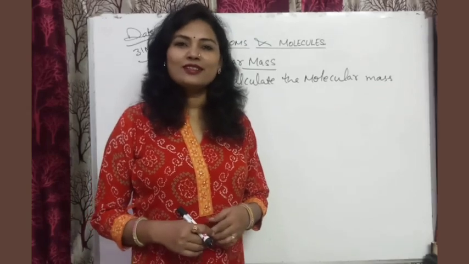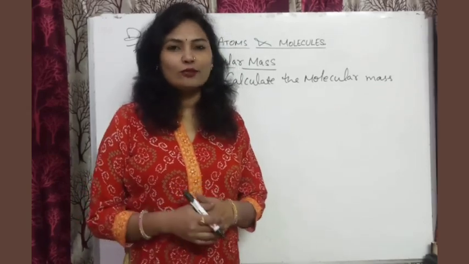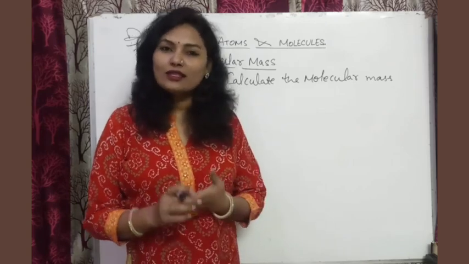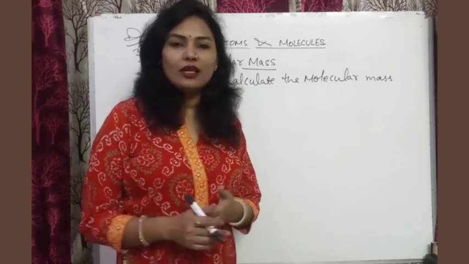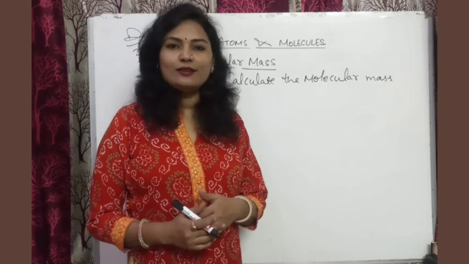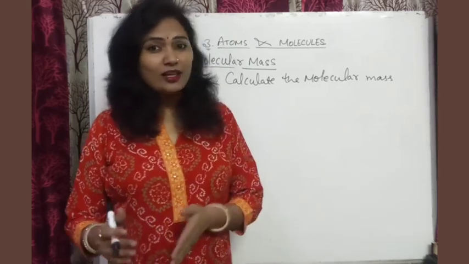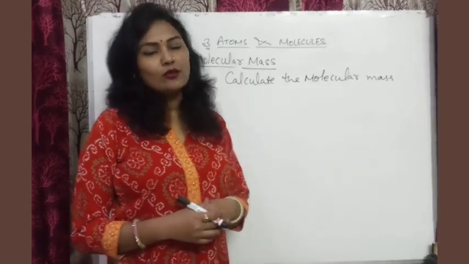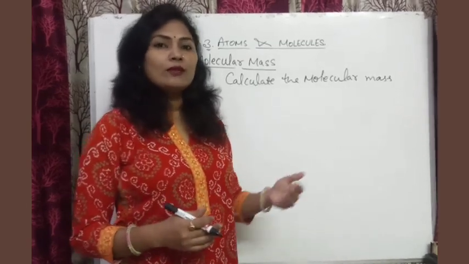Let us discuss the molecular mass of other formulas like methane CH4, CO2, CaCO3. After that you will understand how we can calculate the molecular mass and you will also solve such problems easily.